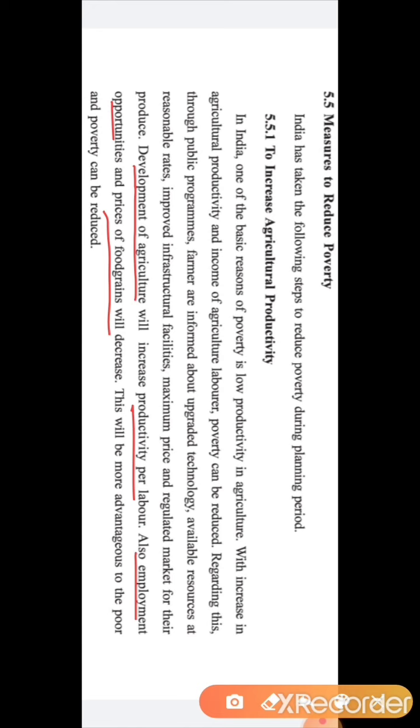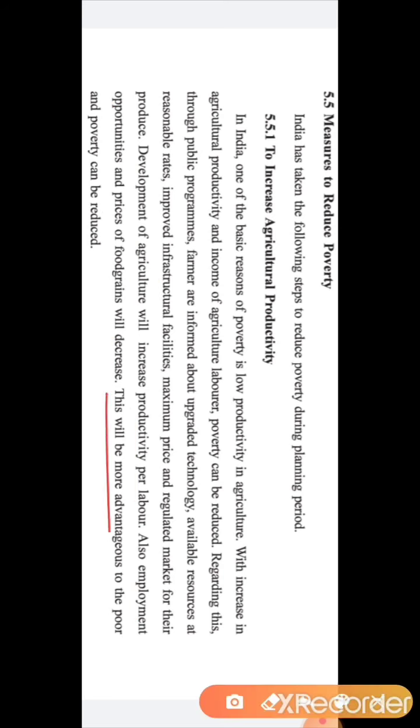So here it is said that as agriculture develops, productivity per labor will increase and employment opportunities will increase, and you have to understand how the price of food grain will decrease. Every farmer is going to work now, and the production of agricultural products will increase. As food grain production increases, demand and supply will match and the price of food grain will decrease.